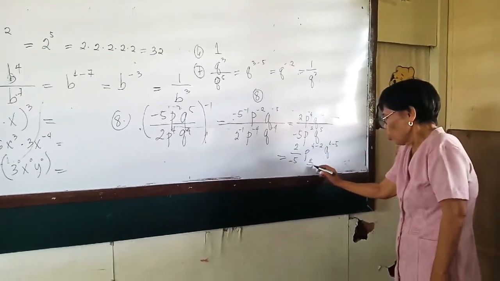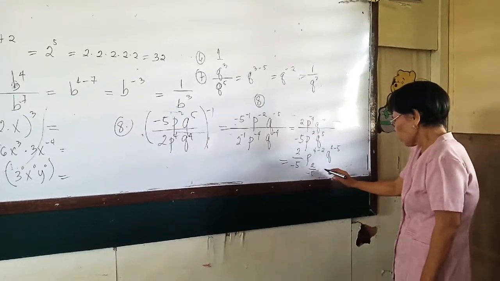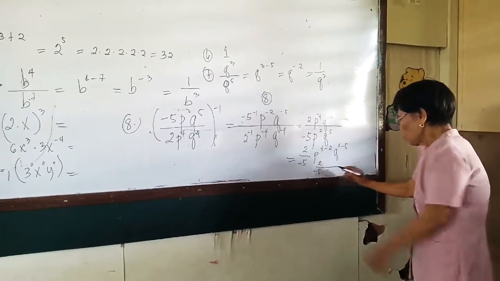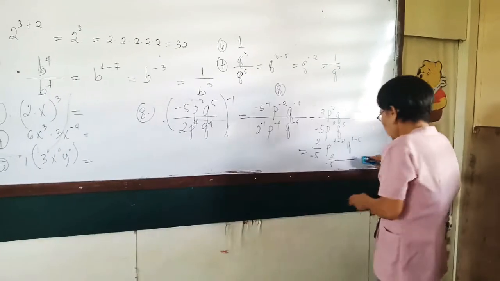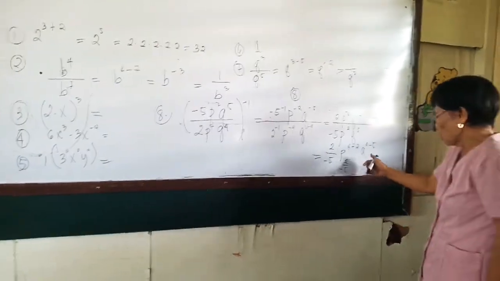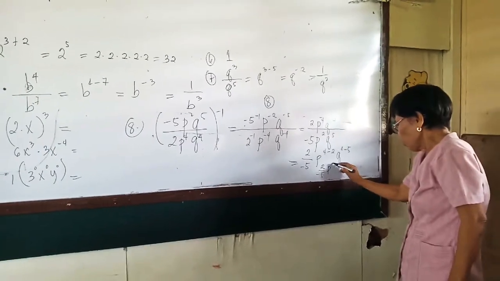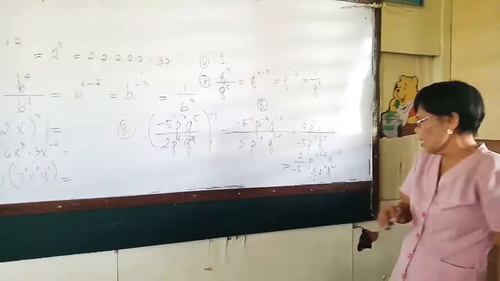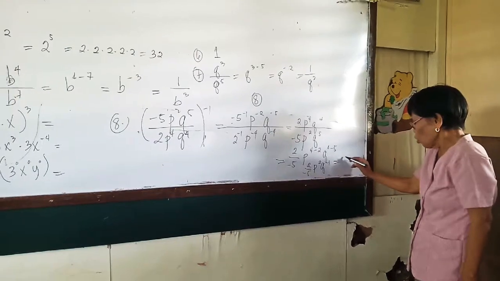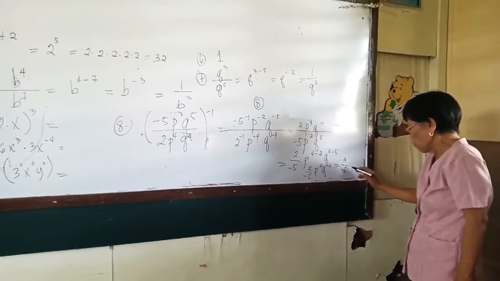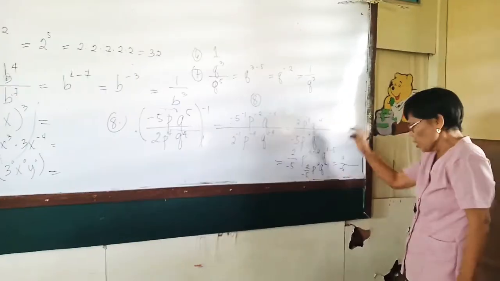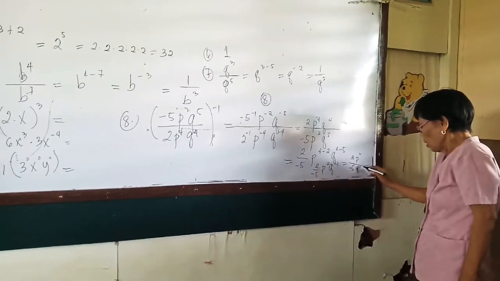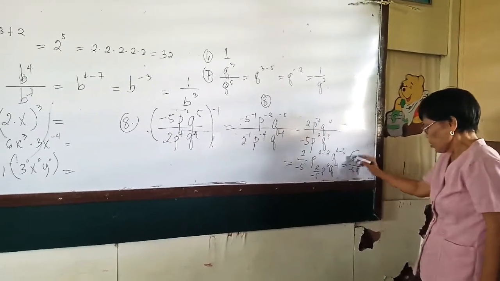So 2 over negative 5 p squared q to the negative 1. To eliminate the negative sign, it equals 2 over negative 5. P will remain at the top because it is positive. Then q, you bring it down because it is negative. So this is the answer.